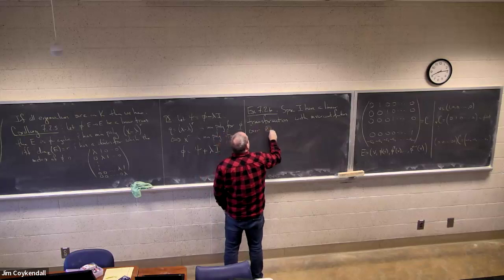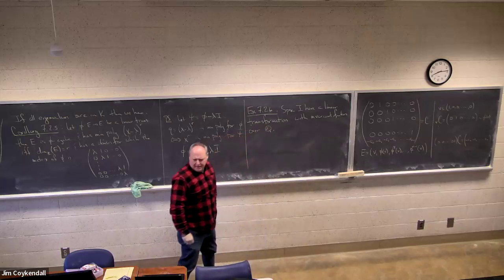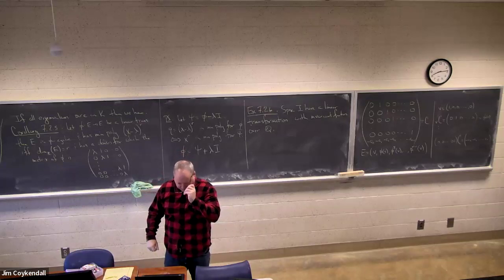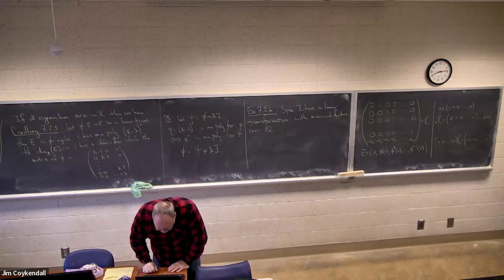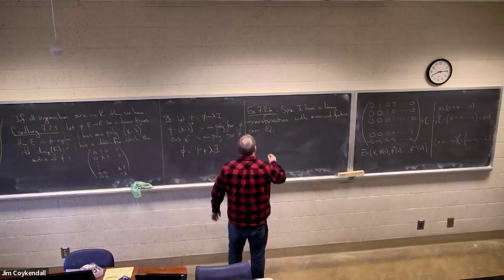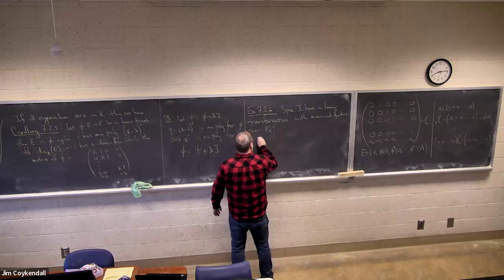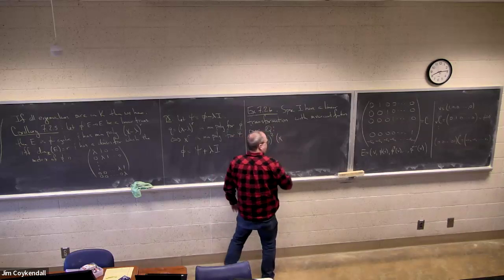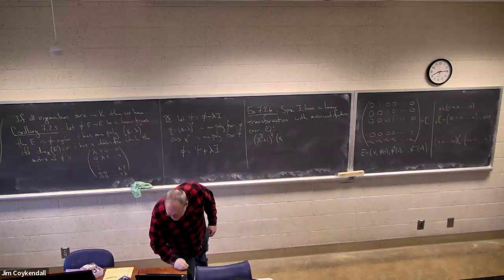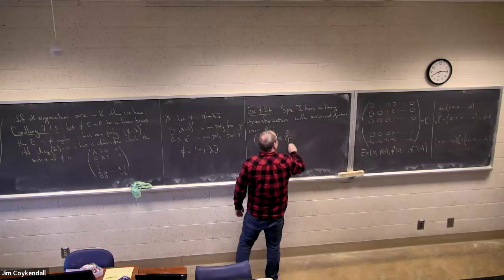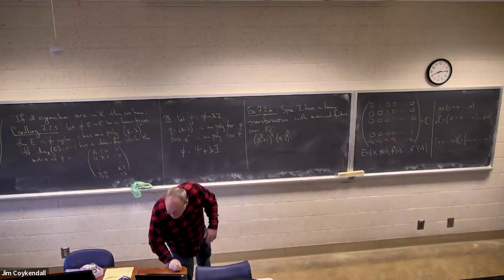Let's suppose my invariant factors look like this. X squared plus 1 squared, times x minus 2 squared. And let me multiply that out for you.